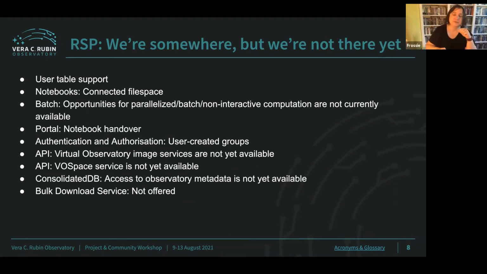Right. So here is the situation with user batch. The original requirements drawn in this area envisaged that we have a batch data production system, which is what does the data release processing, and we would commit to ring-fencing some computational resources on that batch system for the users to do ad hoc computing.